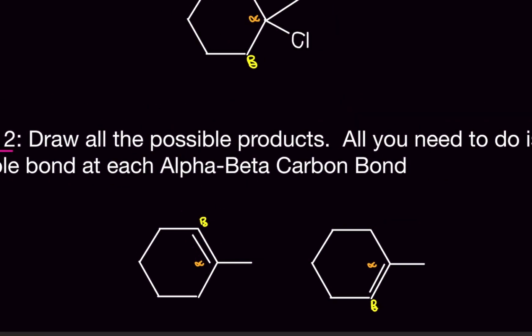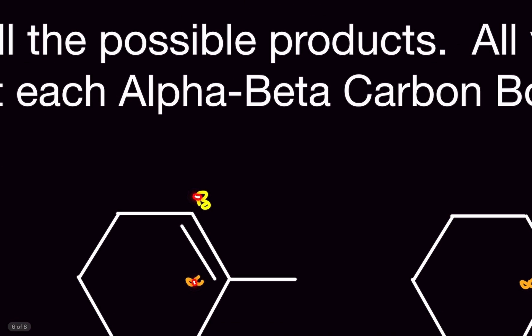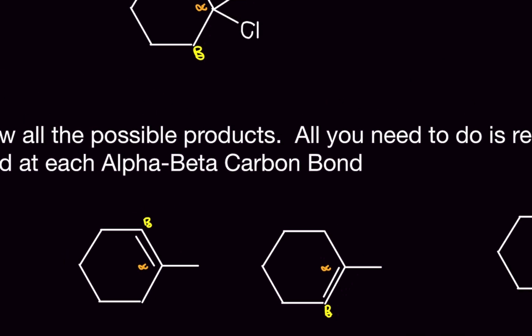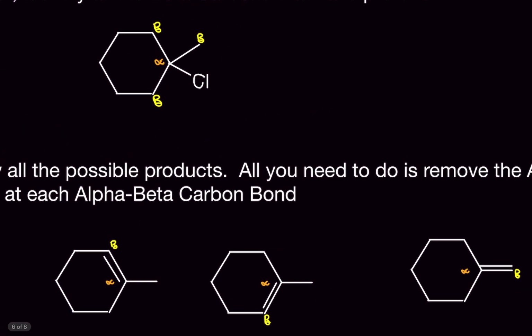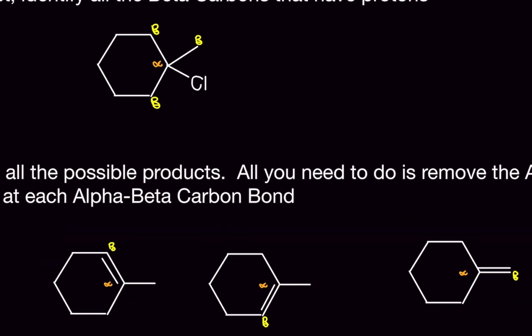So what I just basically did is, between every alpha and beta carbon, I drew a double bond, right? We eliminated that alkyl halide, so it's no longer there. I just drew in a double bond between every alpha and beta carbon. So we have this one, this one, and this one, okay?